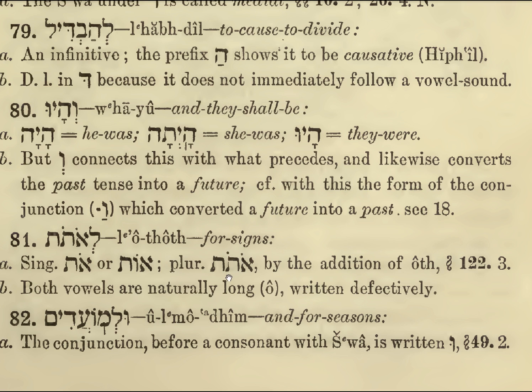Plural, otot, because you've added the ending ot to the end. Feminine plural. Both vowels are naturally long. Written defectively, they don't have their vavs underneath them.